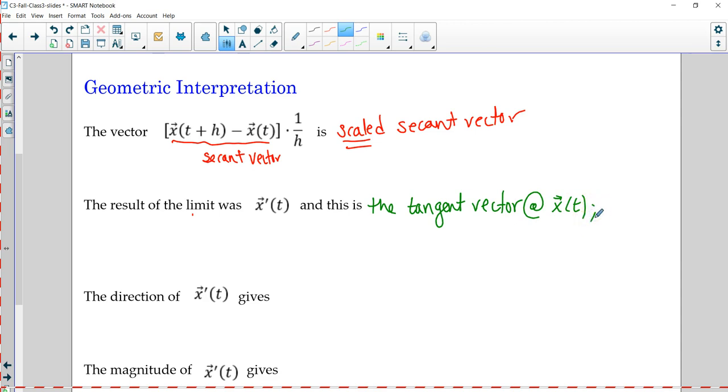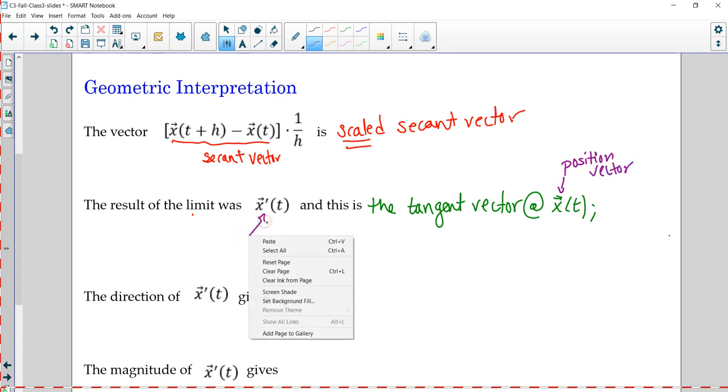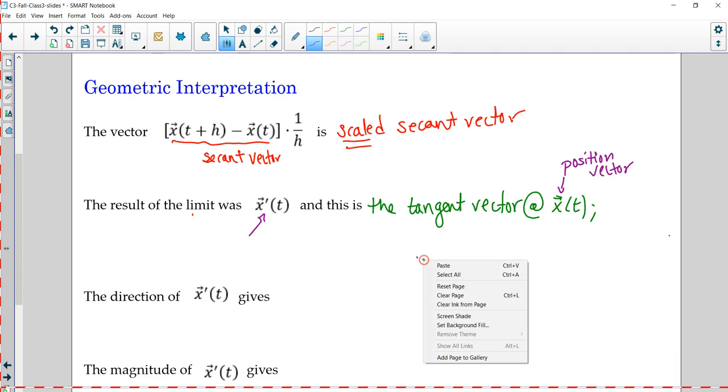Also, when we're in physical applications, the x of t is typically called the position vector. Okay, position vector. And then this is often referred to as the velocity vector.